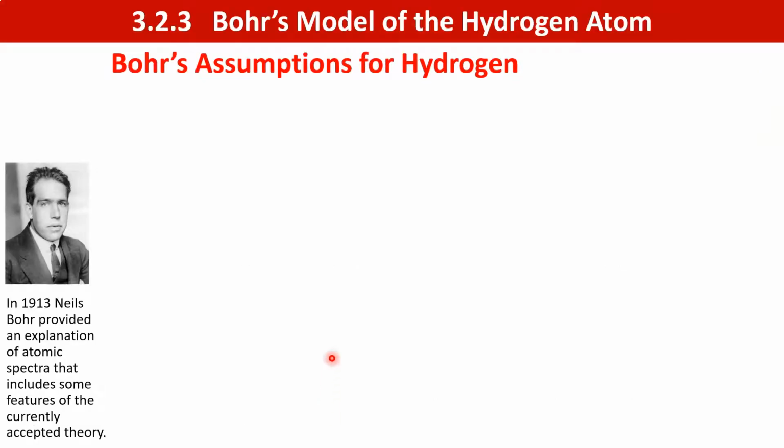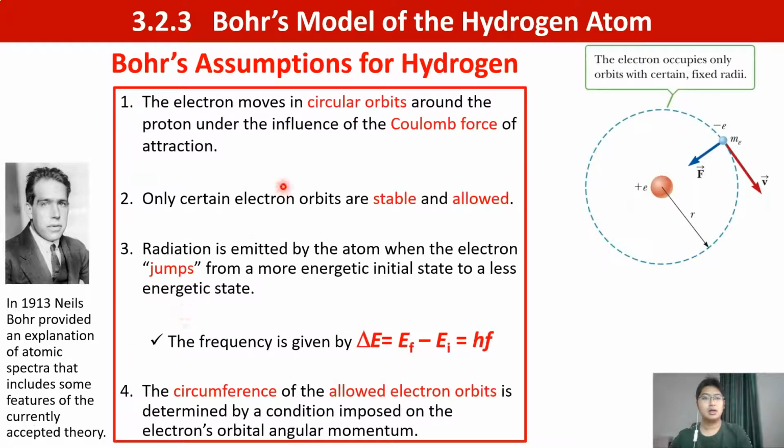Okay, so the next topic, Bohr's model of the hydrogen atom. In 1913, Niels Bohr provided an explanation of atomic spectra that includes some features of the currently accepted theory. These are the Bohr assumptions for hydrogen. The electron moves in circular orbits around the proton under the influence of the Coulomb force of attraction.